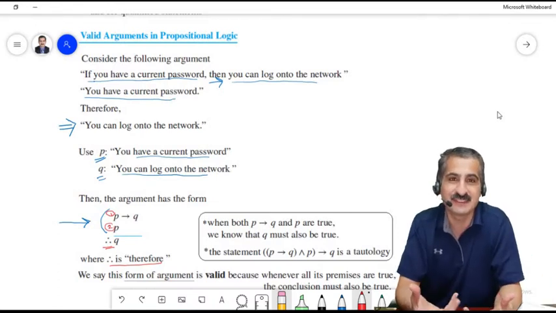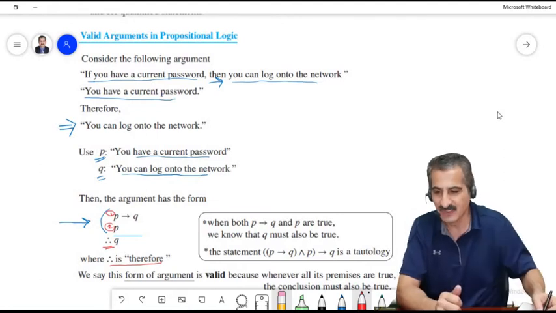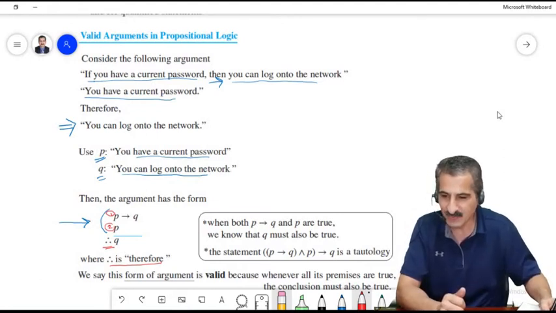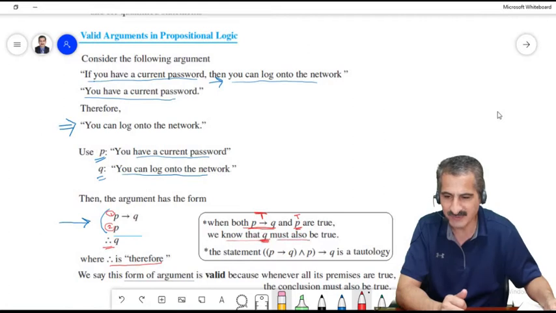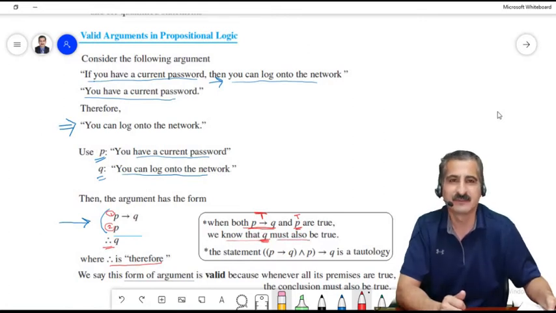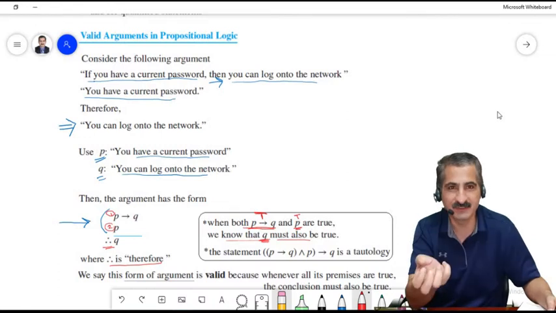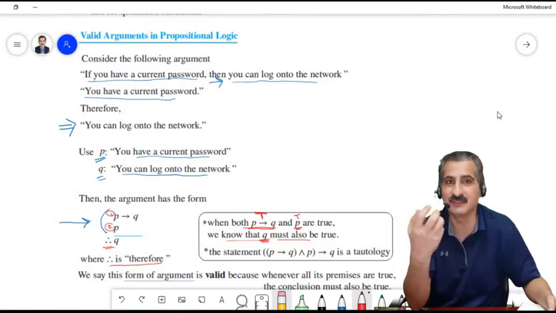It is that easy. It is that intuitive. So here it says, when P gives Q is true, and we have P in hand, both of them true, then we know that Q must happen. So P is happening, and we know that if P is happening, then Q is happening.